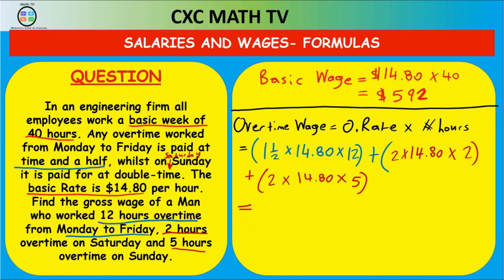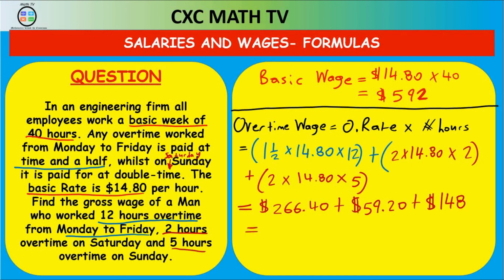So now we're going to do our multiplication. 1.5 times 14.8 times 12, that is $266.40, plus 2 times 14.80 times 2, that is $59.20, plus 2 times 14.8 times 5, that is $148.